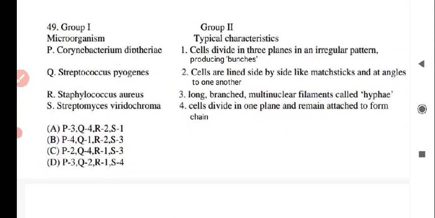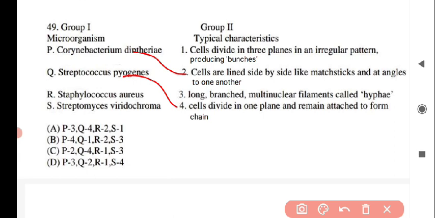So in the next question, group 1 contains the microorganism and group 2 contains the typical characteristics. For the first microorganism, that is Corynebacterium diphtheriae, the correct answer is option number 2. Cells are lined side by side like matchsticks and at angles to one another. For Streptococcus pyogenes, the correct answer is option number 4, that is cells divide in one plane and remain attached to form chain.